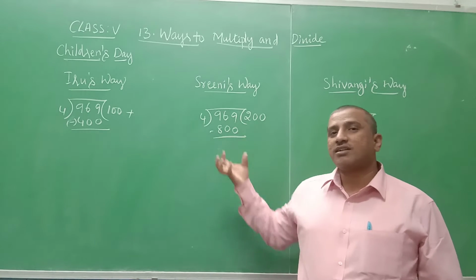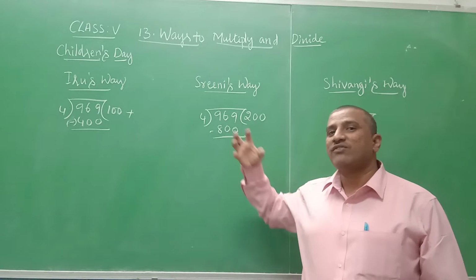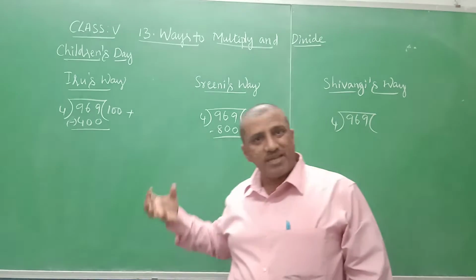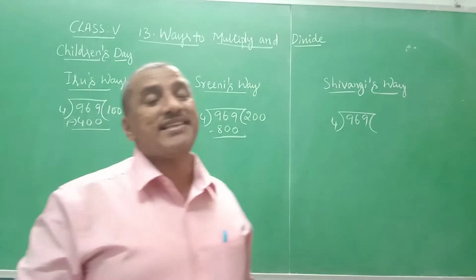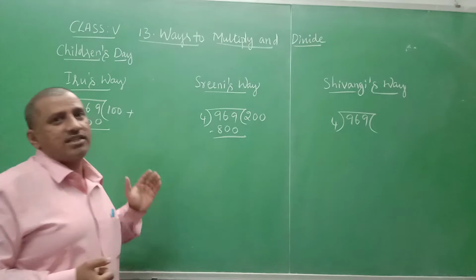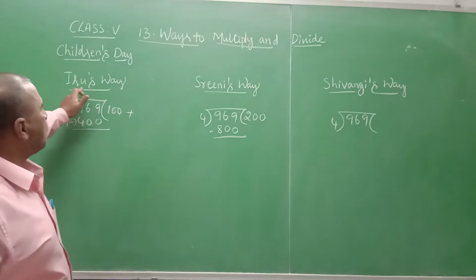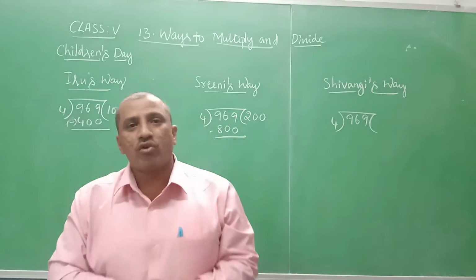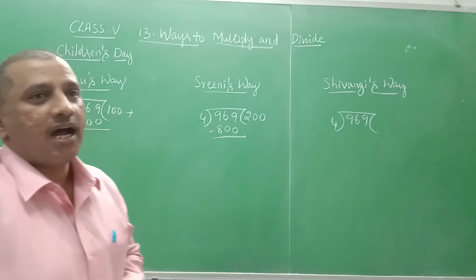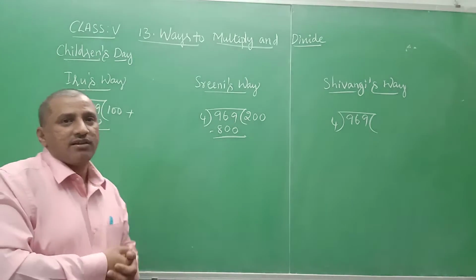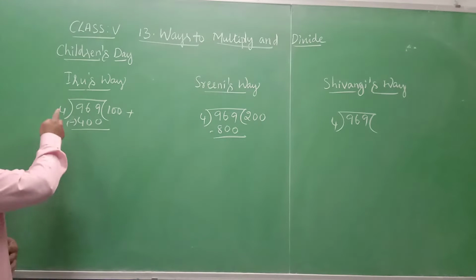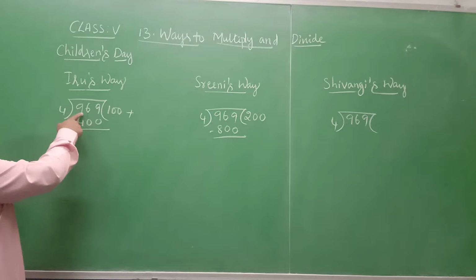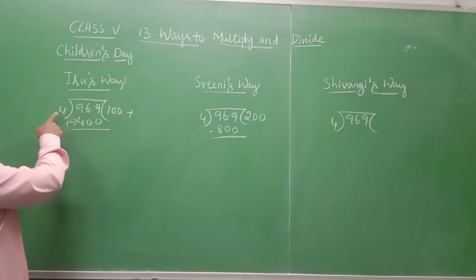So the teacher asked the children, how many children will get pencils if we distribute 4 pencils to each child? Here 3 students, Iru, Srini and Shivangi, did their divisions in their own way. And what is the answer we get? We will see now. Iru is dividing 969 by 4.